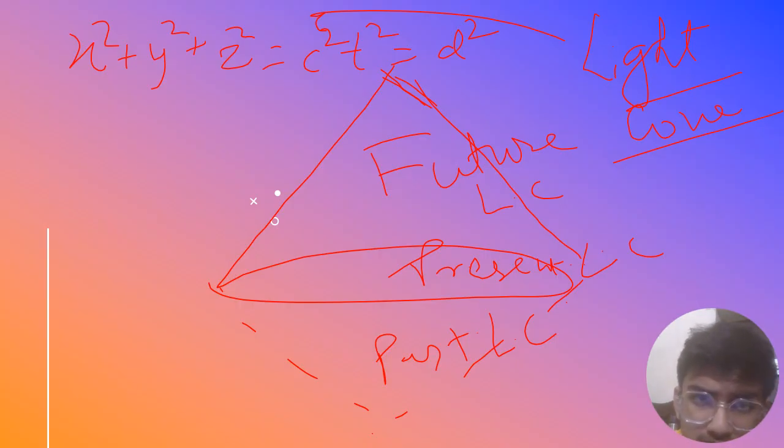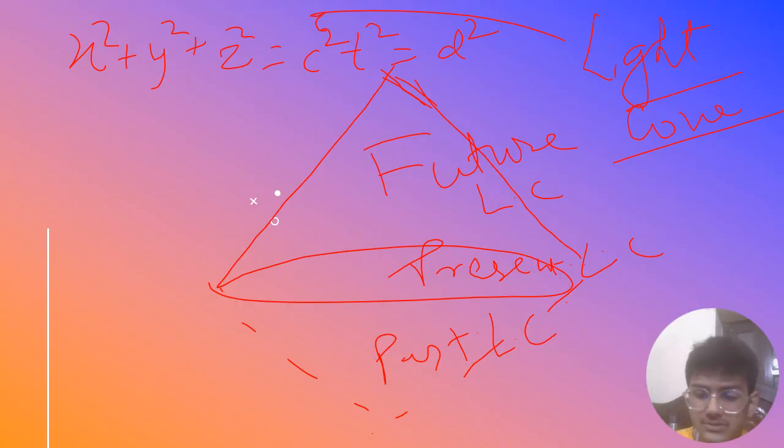The present light cone is its present, where particularly that light is. What is the position, the coordinates, or in a different way, where it is actually present. And the future light cone is the region in which its effect will be visible after some time.